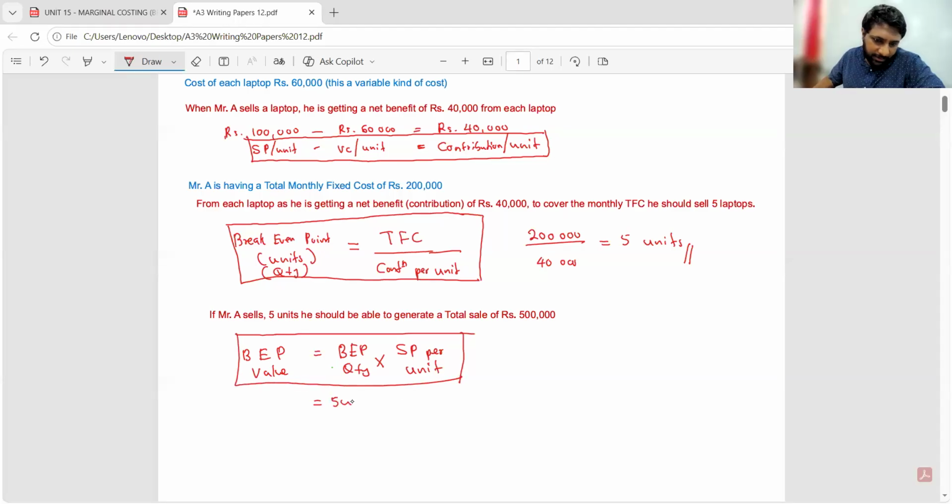Five units into 100,000, then here 500,000.